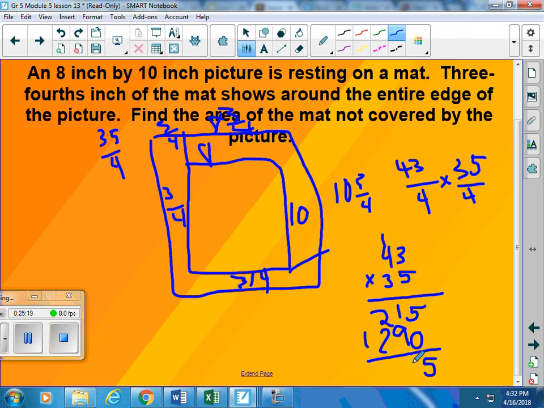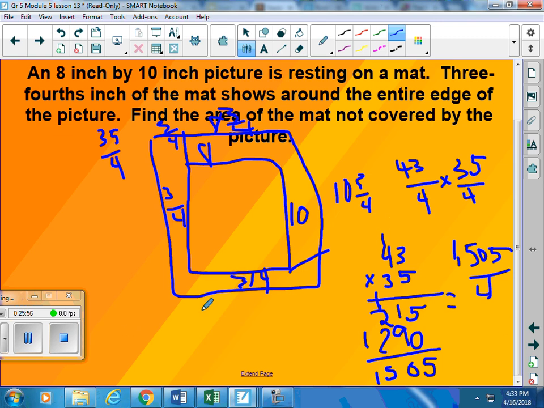So 5, 10, 1 plus 2 is 3, 3 plus 2 is 5, and then another 1. So now I have 1,505 divided by 4. All right, I hope I'm doing this math right because this is a little bit of a humdinger. All right, so I'm going to check my math really quick just to make sure.